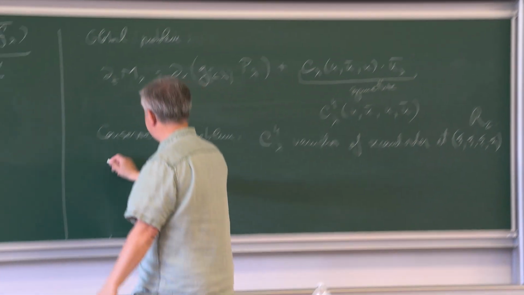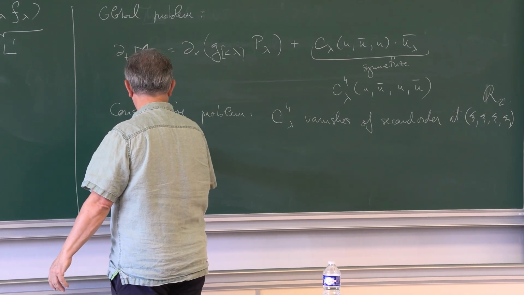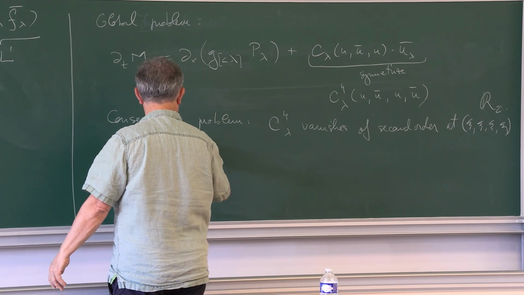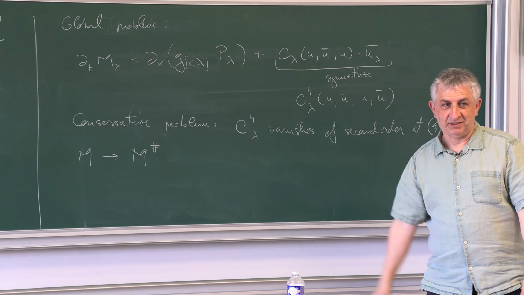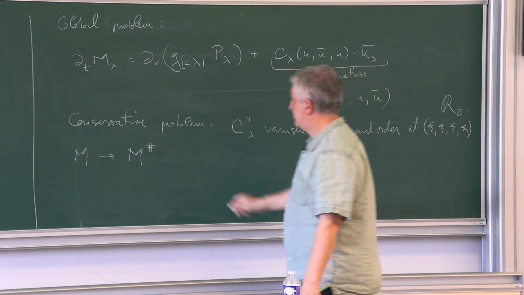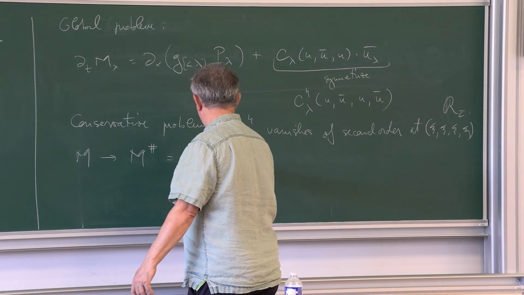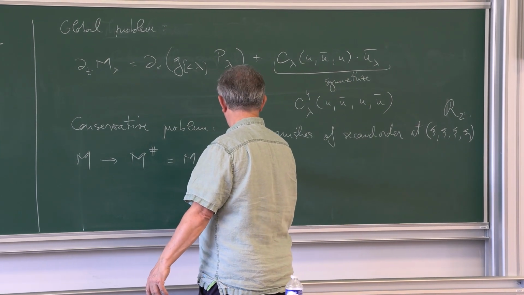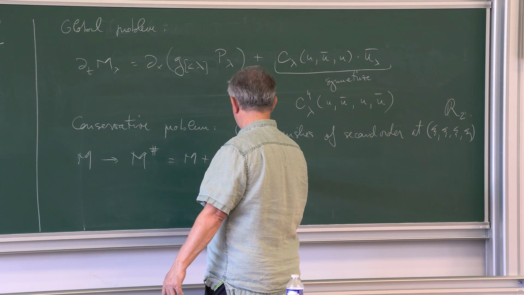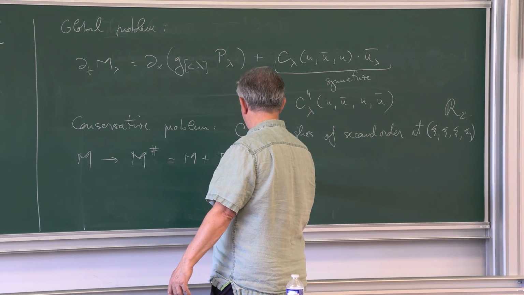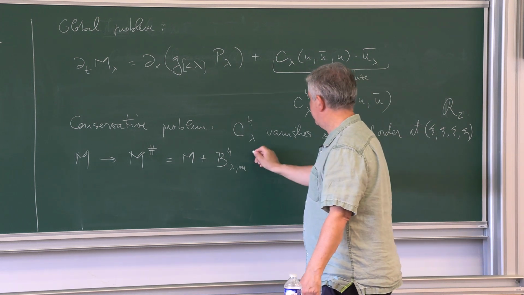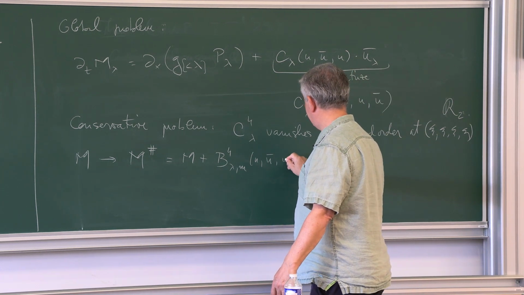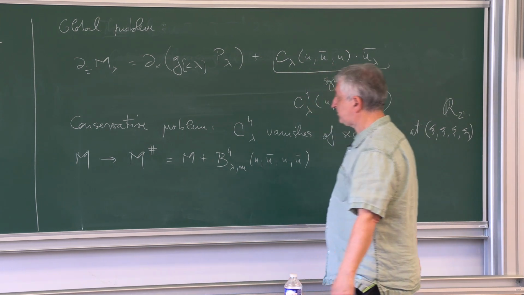I want to replace the mass density by a better mass, m sharp, which is m plus a correction, B4, lambda m. M is from the mass identity, from the mass correction of u bar, u, and u bar.